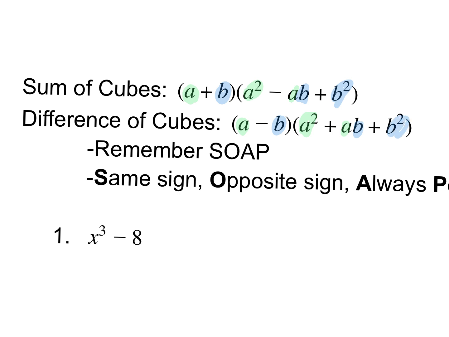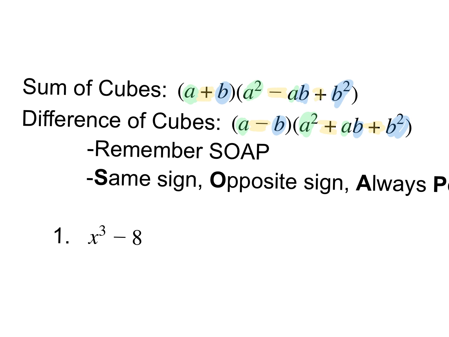The only thing different between the sum of cubes and the difference of cubes is just the signs in between. For sum of cubes we start with addition, for difference of cubes we start with subtraction. Next, these signs are opposite, and the last sign will be the same.